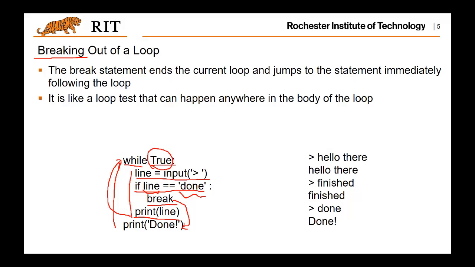So if the user never inputs done, this will become an infinite loop. But once the user inputs done, it will go outside of the loop and go to the next line after the loop.